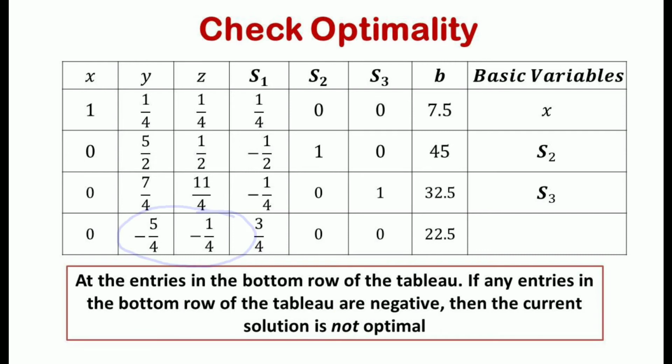So if these two negative values exist in the bottom row, it indicates that this solution is not optimal. So if this solution is not optimal, then the next step is to again go for the process of pivoting by identifying the pivot element through an iterative process to create the new table.